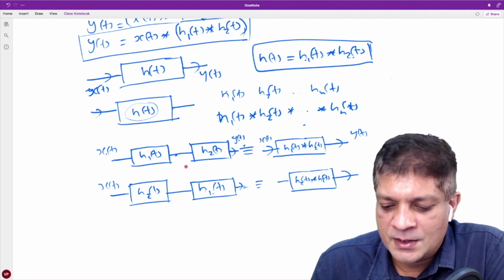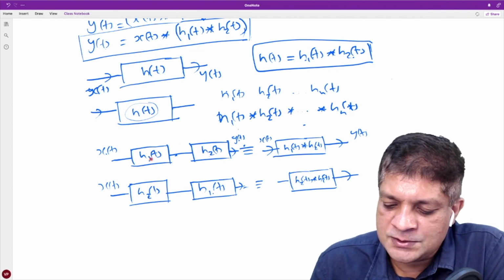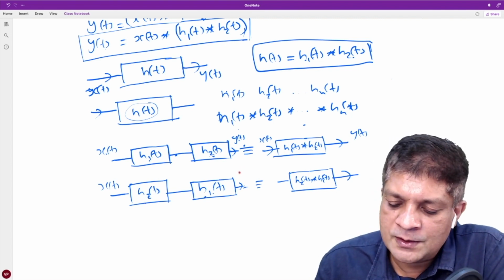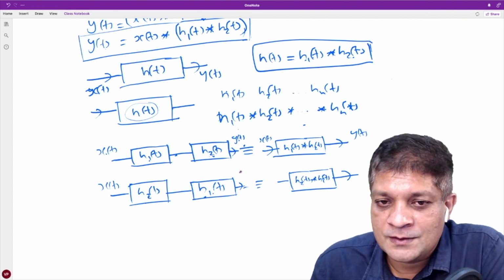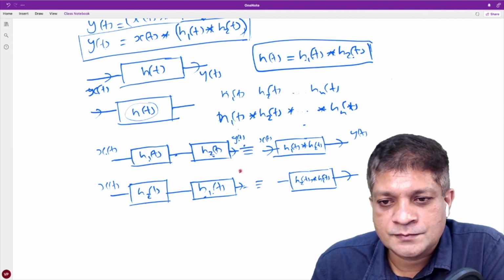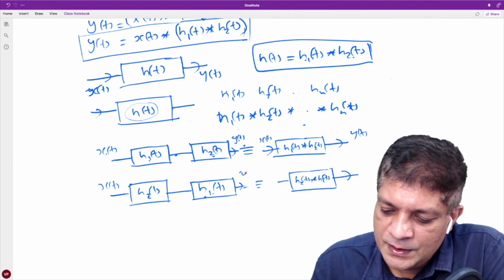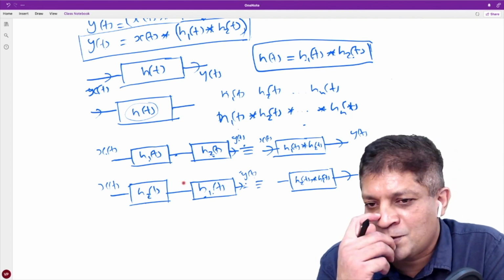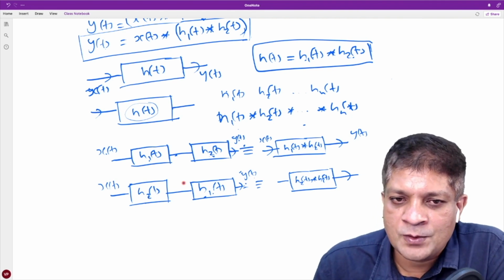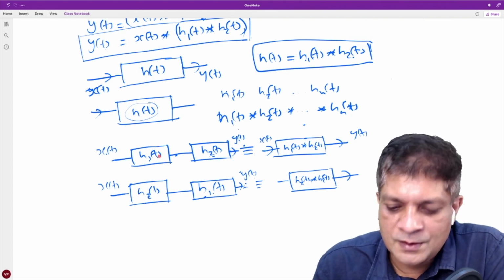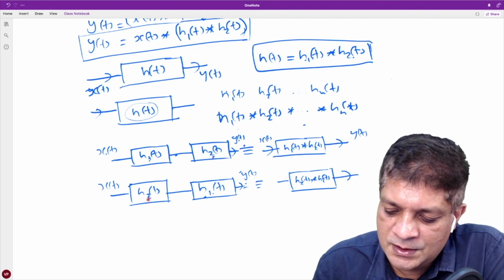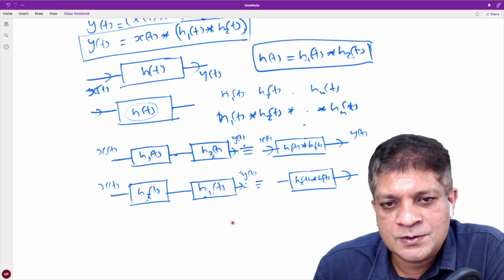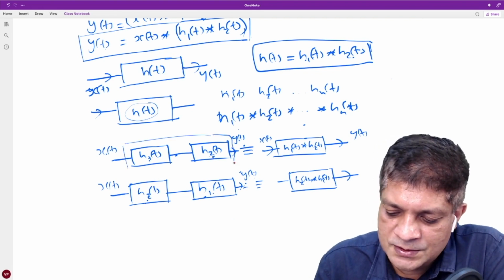Here I am changing the order: here h1(t), h2(t); here h2(t), h1(t). Will the output be the same? Without changing the output, we can interchange the order of the cascade connection. Will these two cascade connections give the same output?